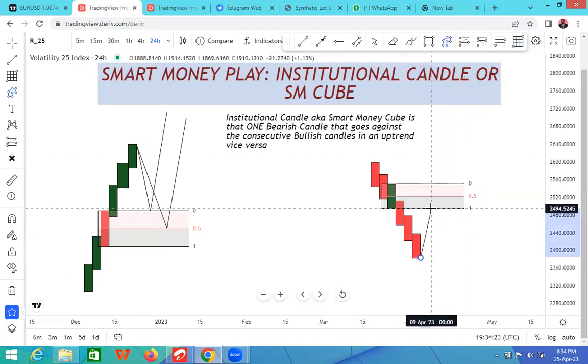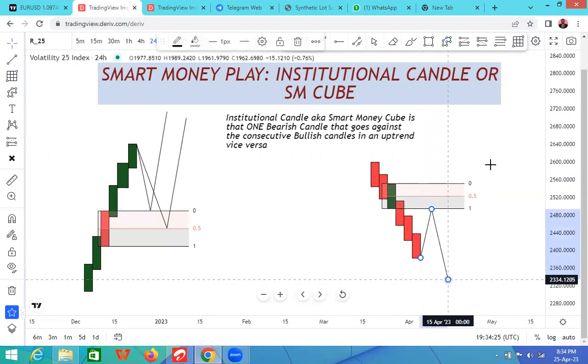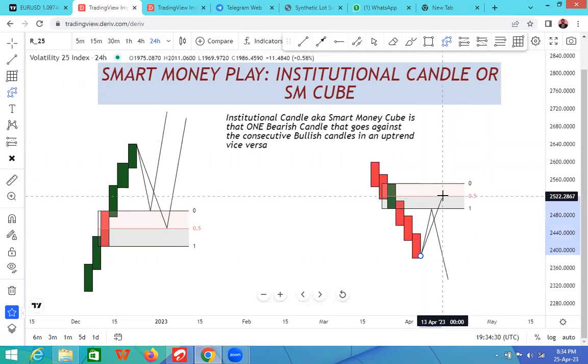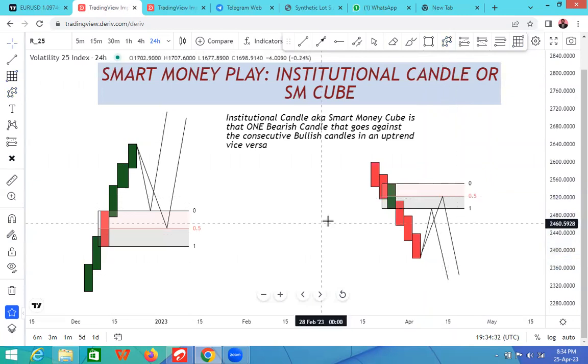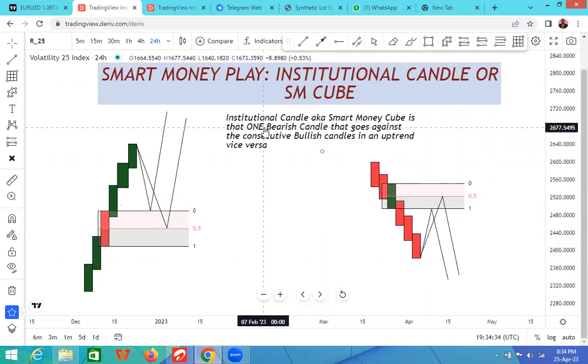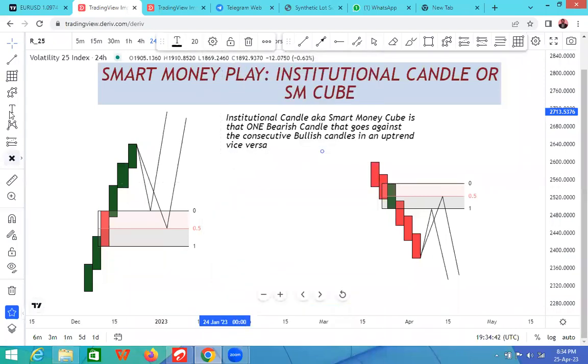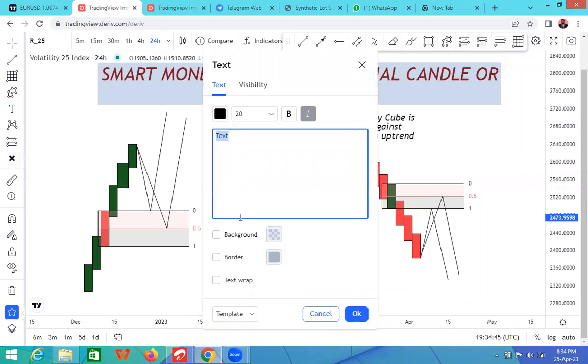Sometimes price can give you something like this for a sell, 50%. Okay, so I should copy this. Control-C. Let me pull it bullish now.